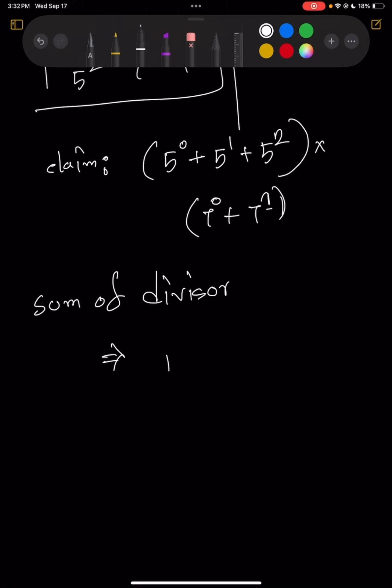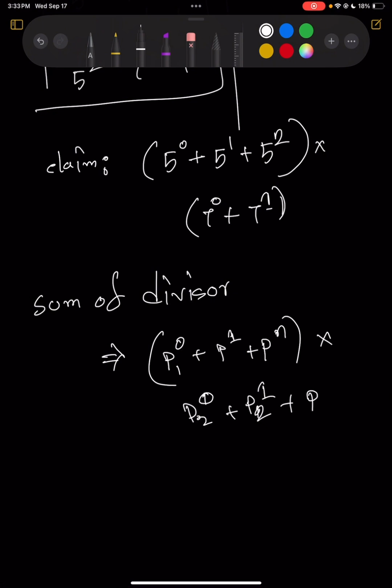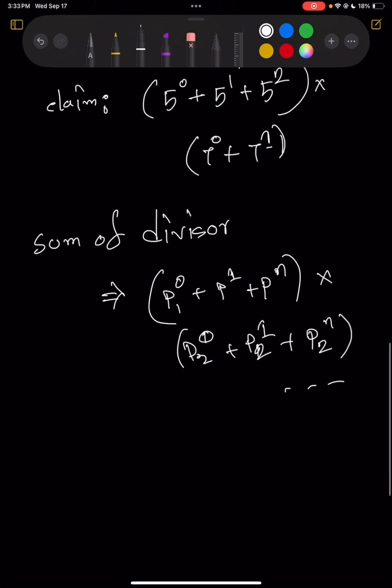Suppose we have prime factors p1, p2 and so on, then the sum is (p1^0 + p1^1 + ... + p1^e1) times (p2^0 + p2^1 + ... + p2^e2), something like that.